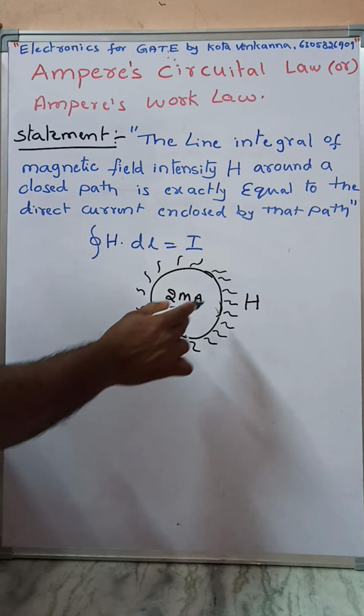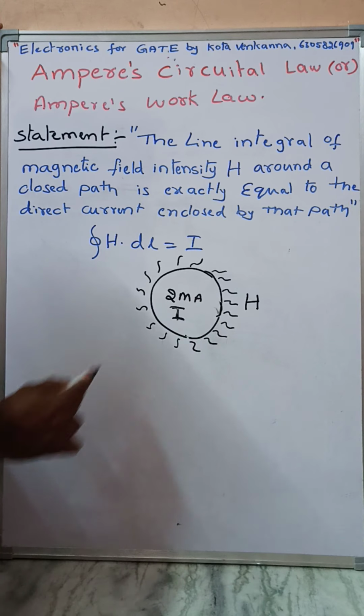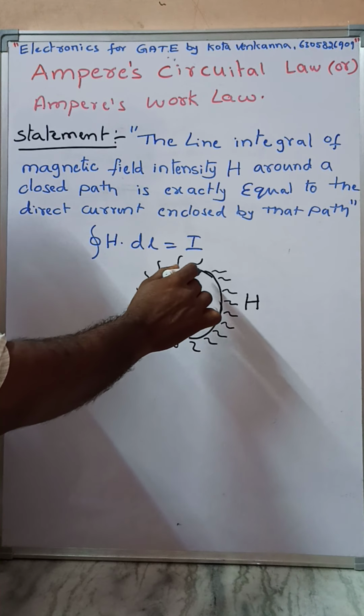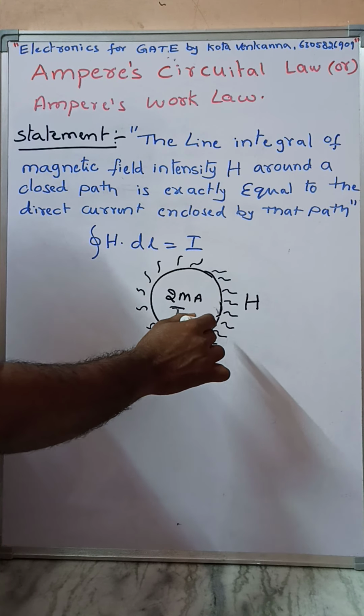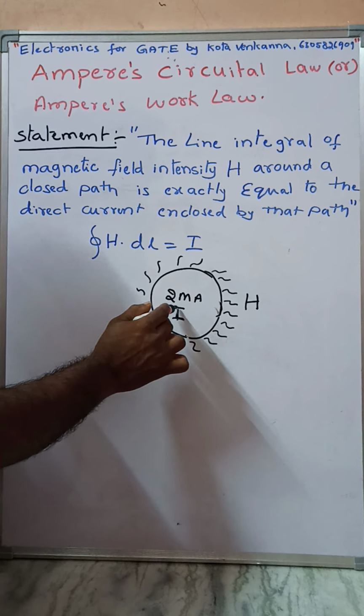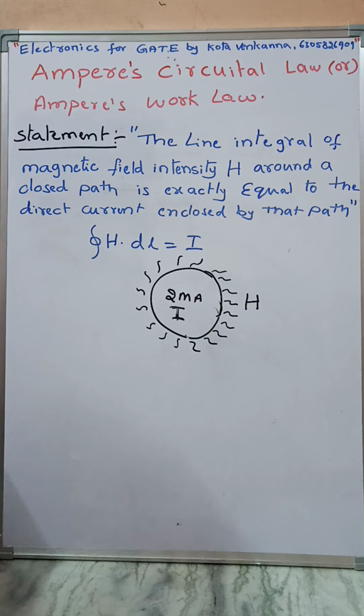That's why the intensity of the magnetic field depends on the current. So the magnetic field intensity around a closed path must be equal to the current enclosed by that path. That statement is known as Ampere's circuital law.